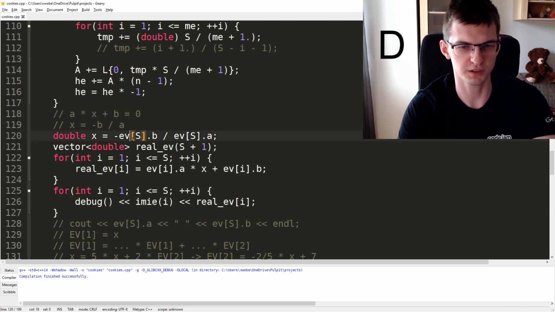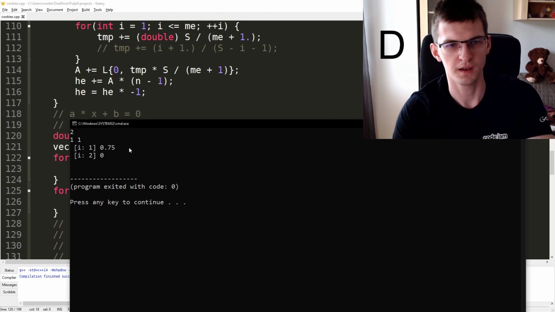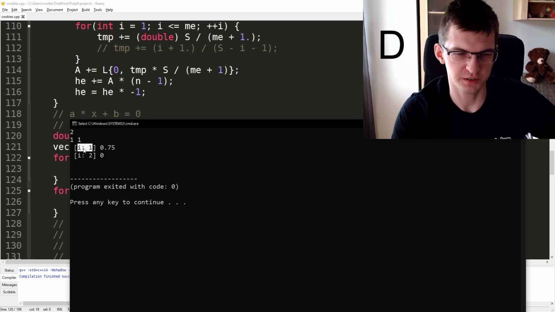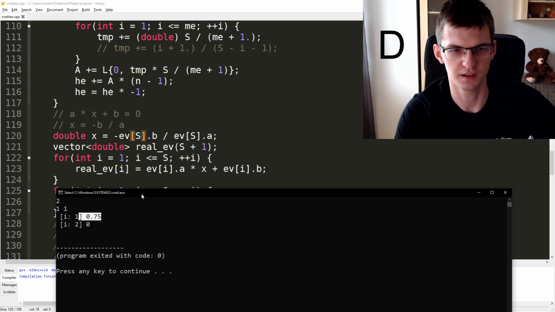Don't worry about what I'm doing, it's just my strange templates. My program claims that if the situation is 1, 0, then the expected time is 0.75 to finish. Well, it shouldn't be below 1.